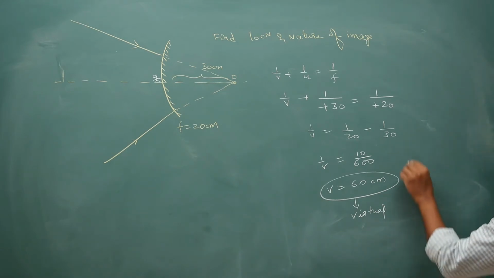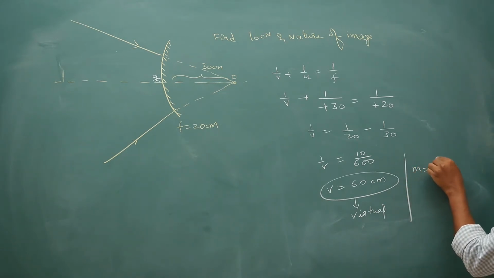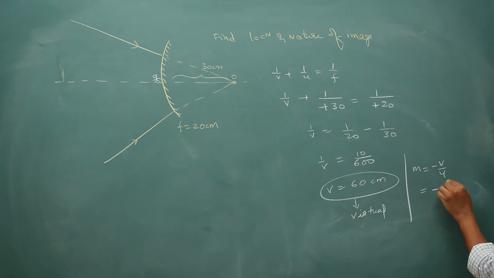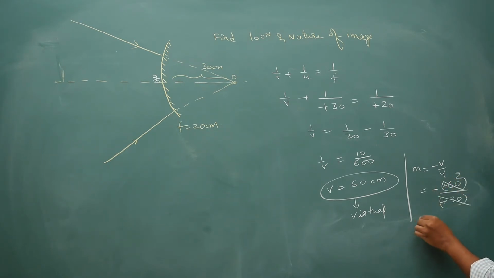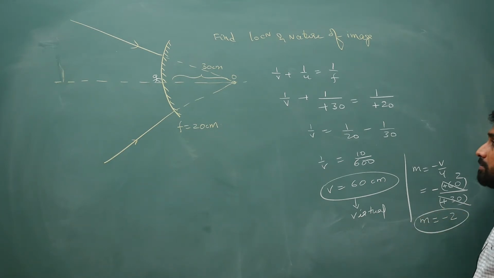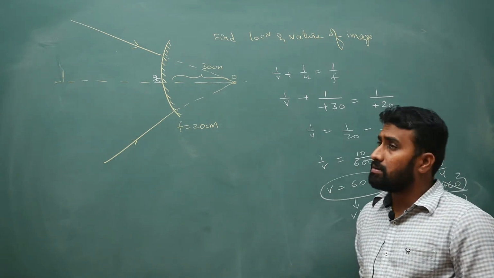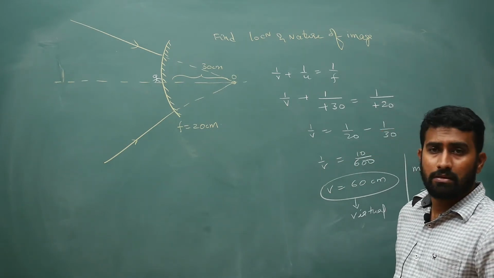Magnification m is equal to minus v by u, minus of plus 60 by u, and u is plus 30, so magnification is minus 2. m is minus 2, so that is inverted and magnified.